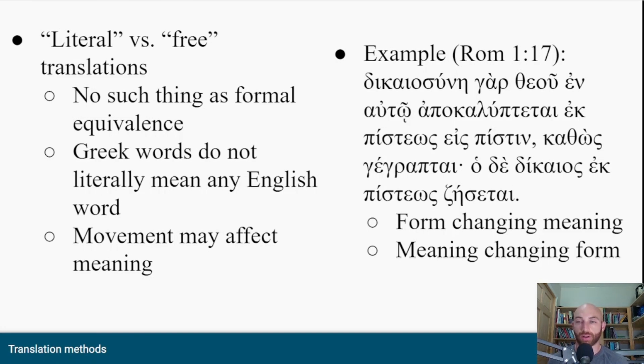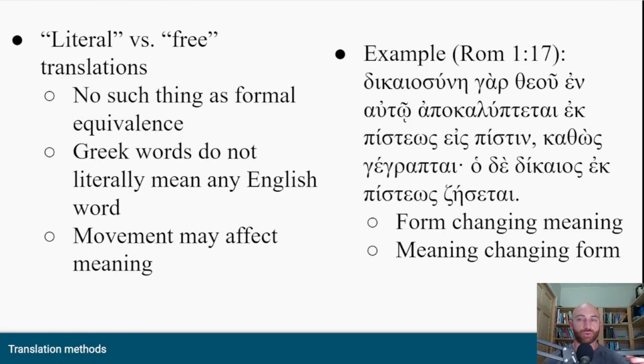So here, again, in this verse, hode dikaios ek pisteos zesetai. So this is almost always translated, the righteous one will live by faith. Now, if you notice in Greek, hode dikaios ek pisteos, if you were to just literally translate that word for word, it would be the righteous from faith will live.